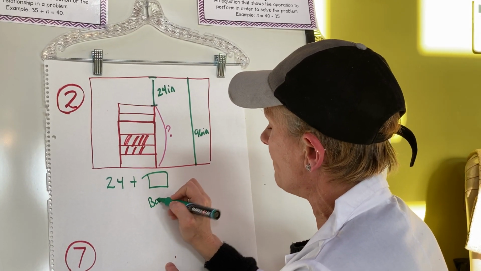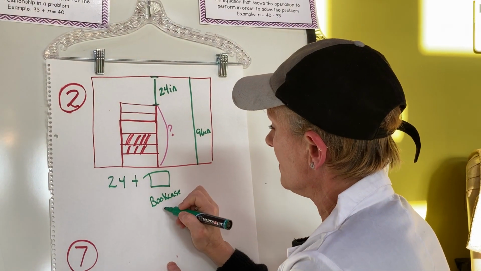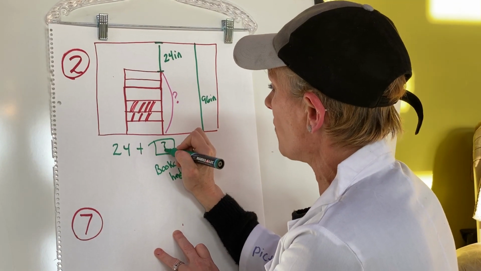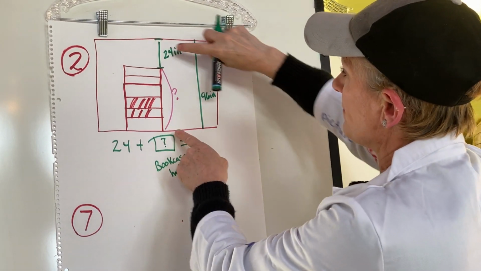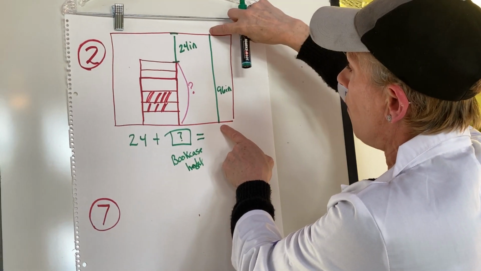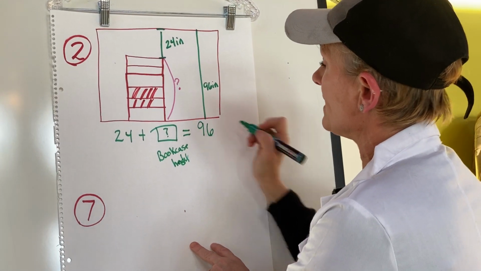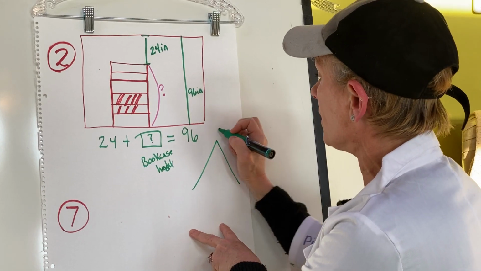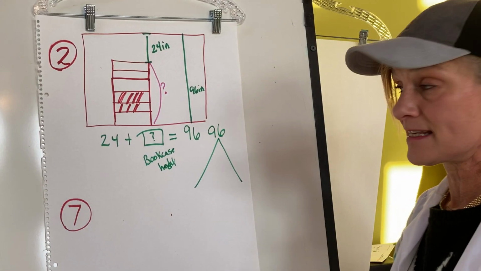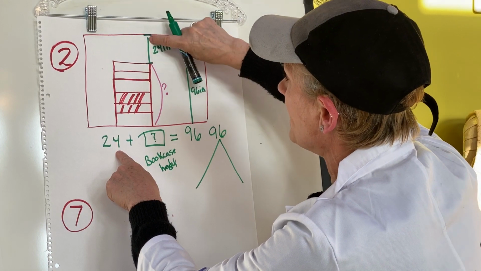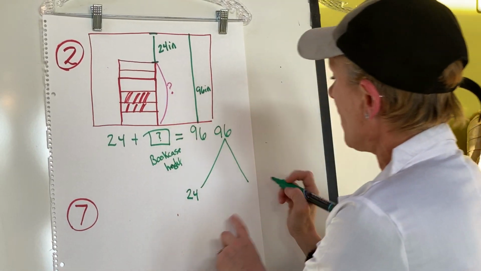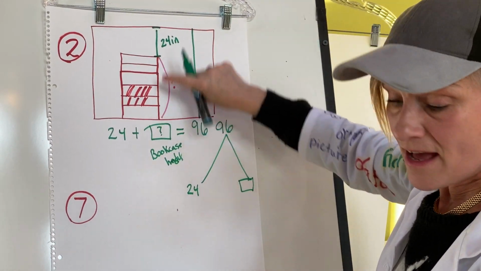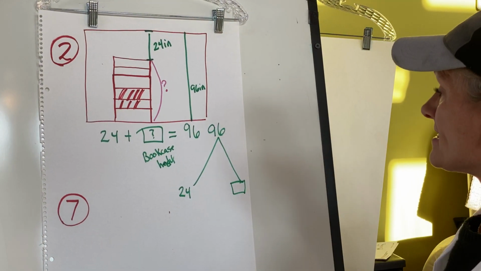That's what I'm trying to figure out. The bookcase, I'm figuring out its height. That's my question. But when I have these two together, they give me the whole total of 96. So friends, in this case, I know the total. It's 96. I know one of the addends is 24. I am again looking for that unknown. I'm looking for how tall the bookcase is.